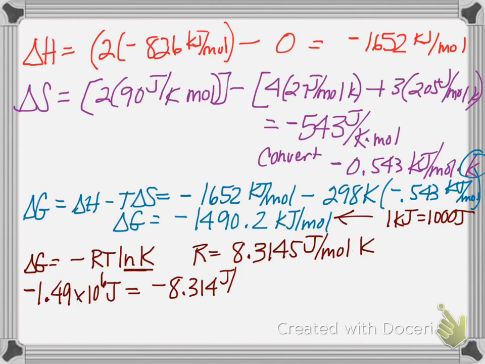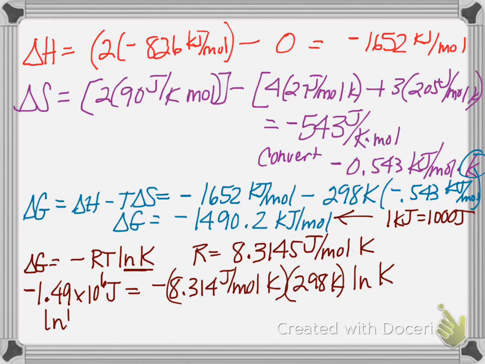8.314 joules per mole K, times our temperature was 298, times the natural log of K. So when you do all that math, you get that the natural log of K is equal to 601.